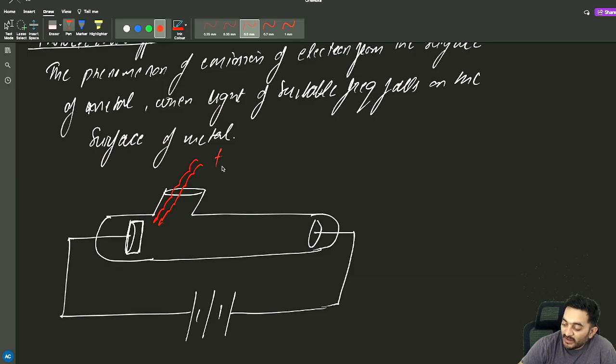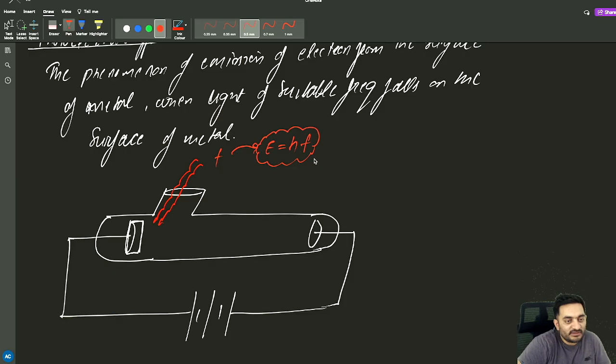If you want to calculate how much energy is falling on the surface of the metal, you can say it is hf. Correct? Yes. So by just knowing the frequency of the radiation falling on the surface, we simply calculate the energy, written as hf.